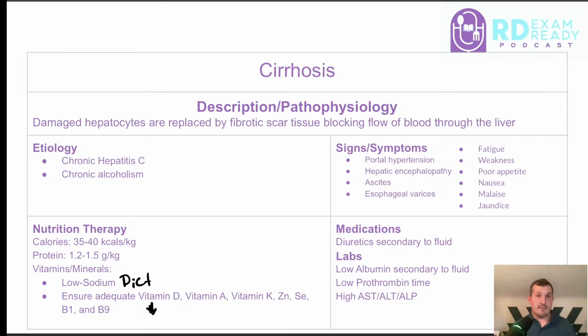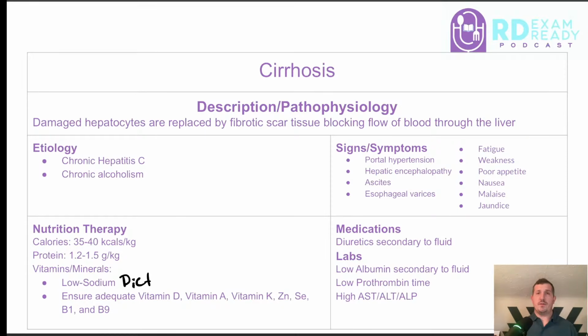So maybe we would give them a vitamin D3 supplement because without that liver being effective, they're probably not going to activate vitamin D very well. Vitamin A, much of that is stored in the liver. And so if the liver is impacted, we're going to need an ability to get vitamin A. So that would be good.